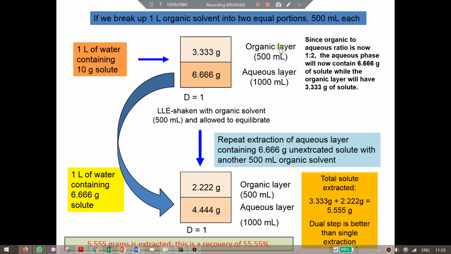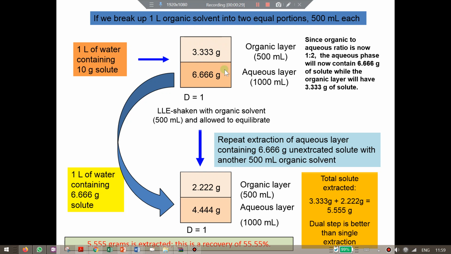Let's look at what happens if we break 1 liter of organic solvent into 2 equal portions of solvent extraction. Here we divide into 500 ml and also 500 ml. Again we use the same amount of sample, 1 liter, but we reduce our organic solvent by half, because the ratio of solvent extracted to sample is only 1 to 2.